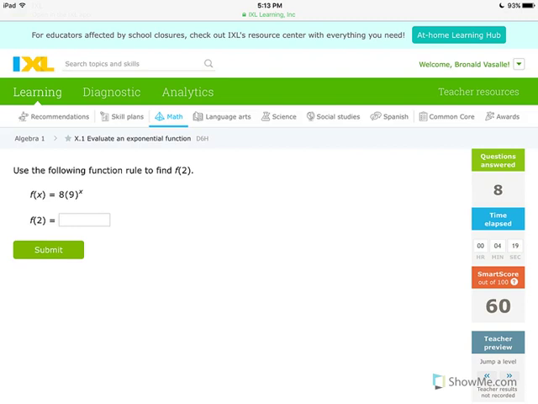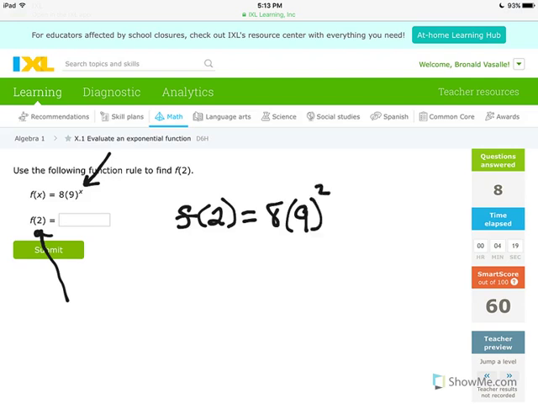And here's the last one. So again, 2 is your variable, so 2 is going to go in for x, so they want f of 2. So f of 2 is equal to 8 times 9 raised to the second power, since x is 2. 9 times 9 should get you 81.